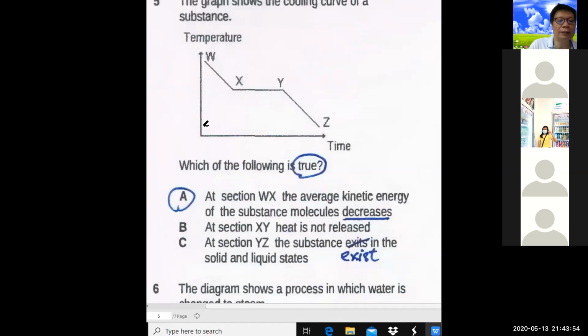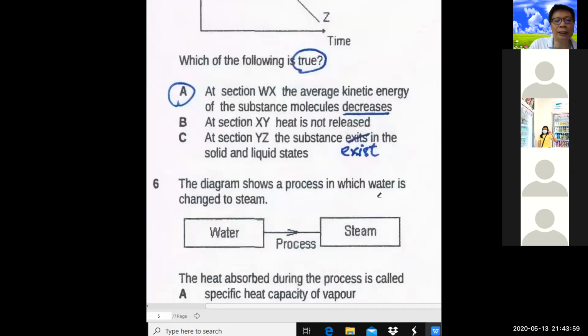All right, number 6. The diagram shows a process in which water changes to steam. So the heat absorbed during the process is called what? I call your name so you answer, don't be scared. Let me guess who? Hashini, can you answer?